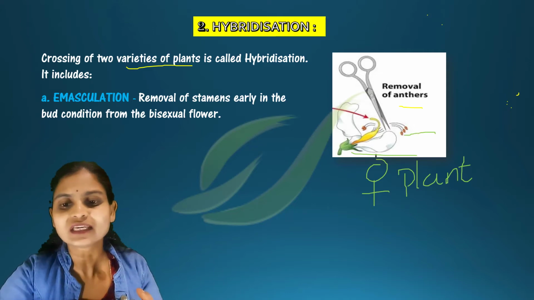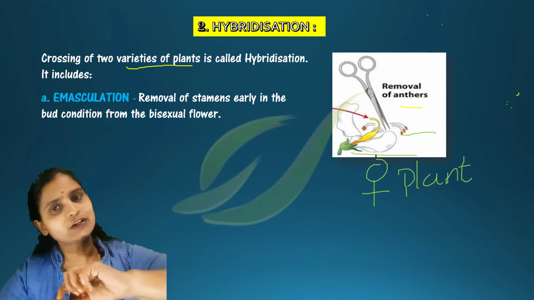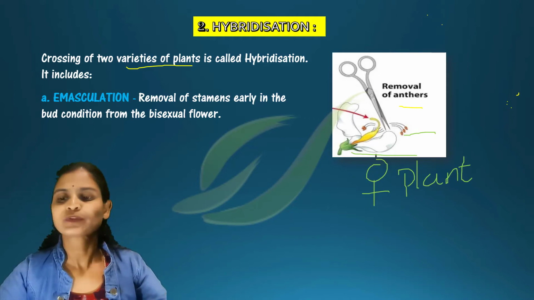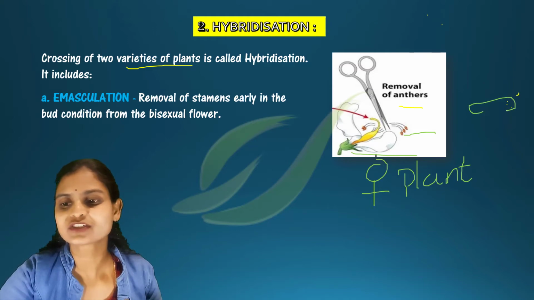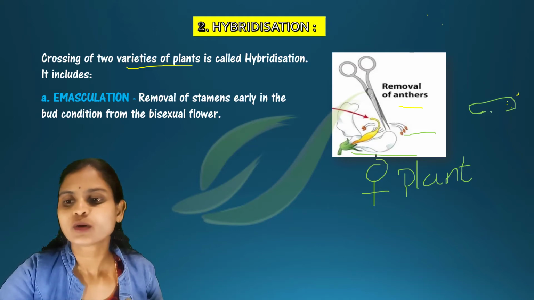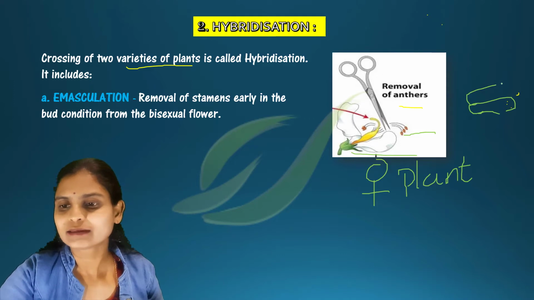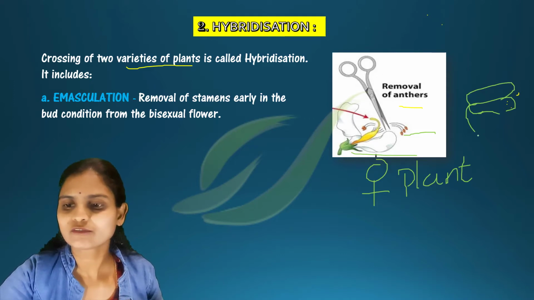Even the complete anther is removed. You know that a stamen consists of the anther at the anterior region, then the filament and connective, as you studied in first year.